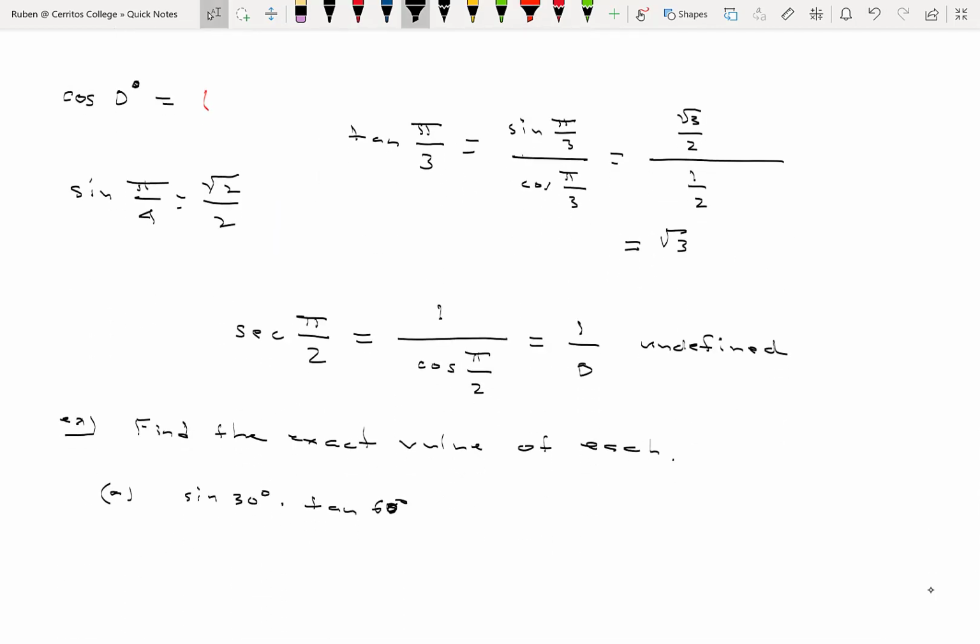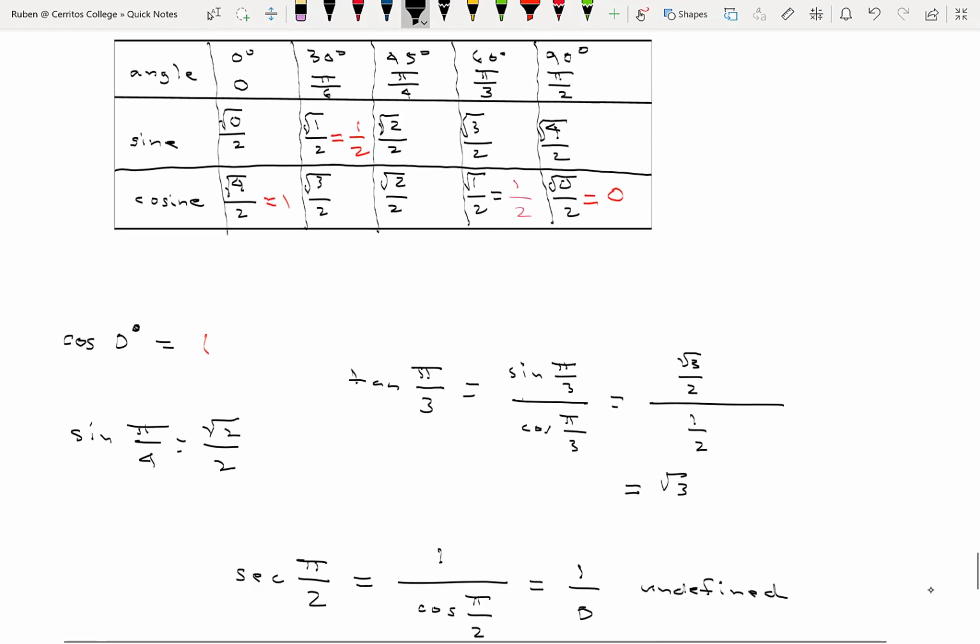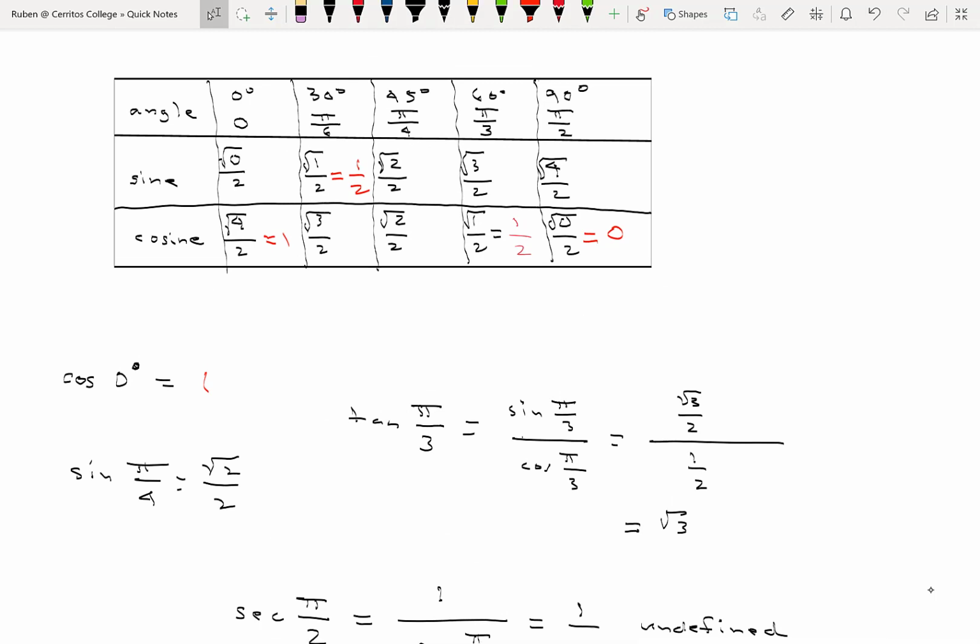So the sine of 30 degrees is 1/2. The tangent of 60 degrees, well, tangent is not there. I claim that the tangent of 60 degrees is on your screen right now without having to do anything at all.